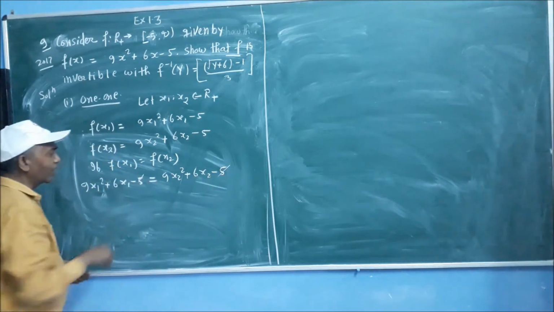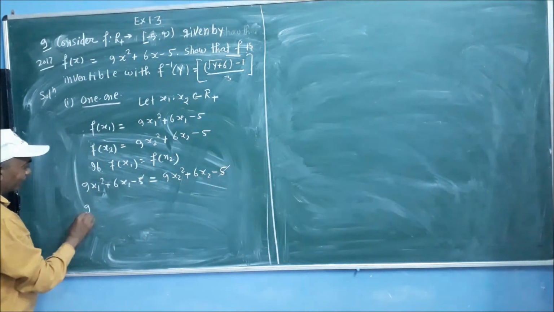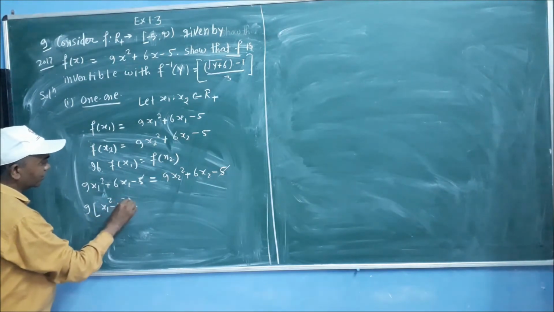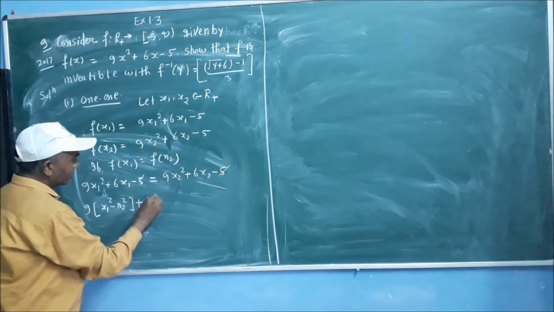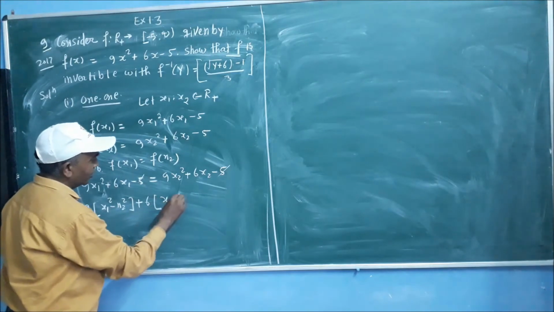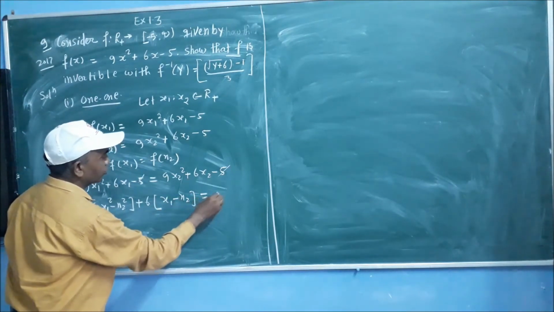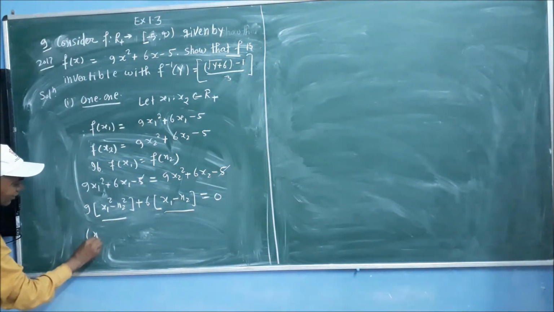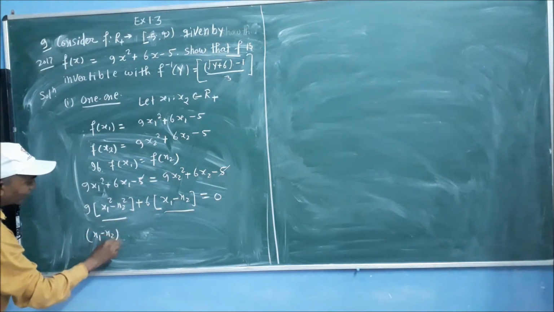So this 5 and 5 will be cancelled. You can take 9 as common, so it becomes 9 into x1 square minus x2 square, plus take 6 as common, 6 into x1 minus x2, and this will equal 0. From these you can take x1 minus x2 as common. What will be the remaining term?